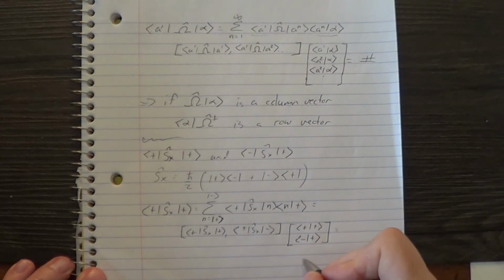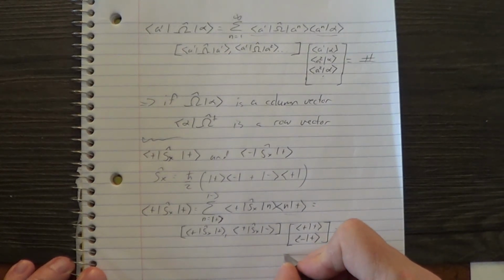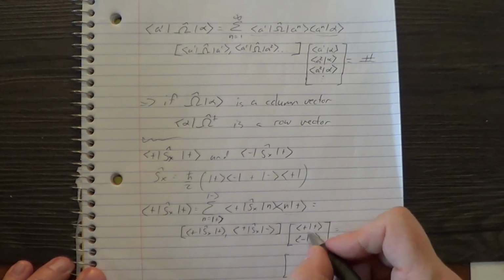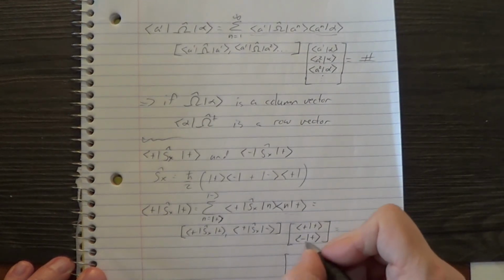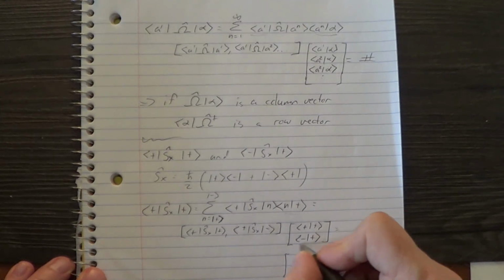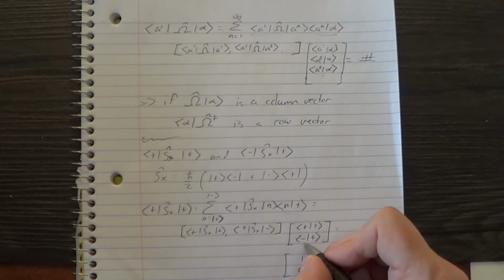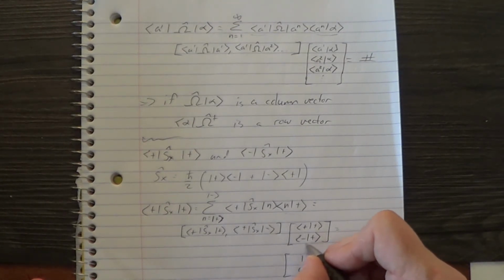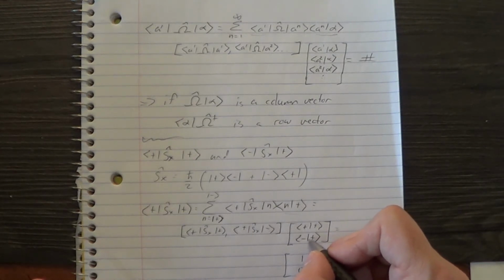Okay, but now let me put numbers to these. Plus plus is 1 because it's normalized. The projection of the plus into the minus state is 0 because the plus is not the minus state. Remember, that's just one of our Dirac rules. I'm defining that, so there's nothing to derive. It's an is.